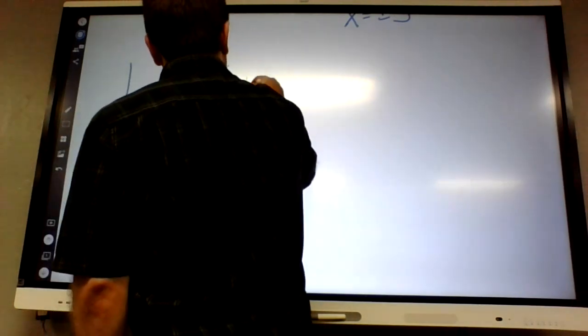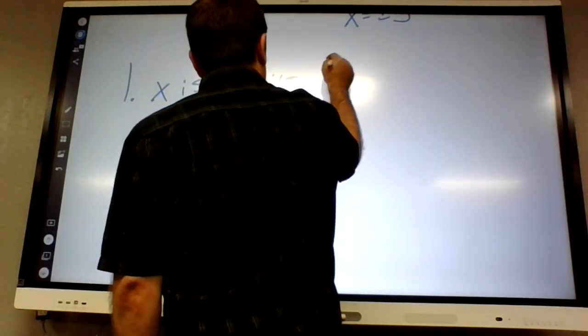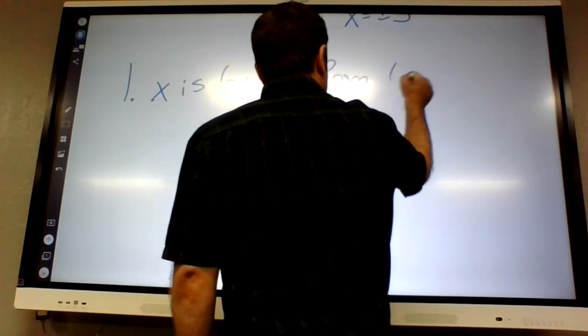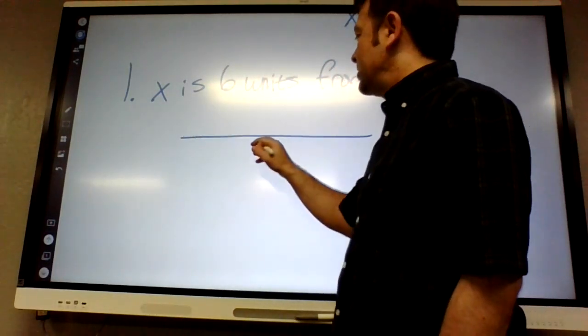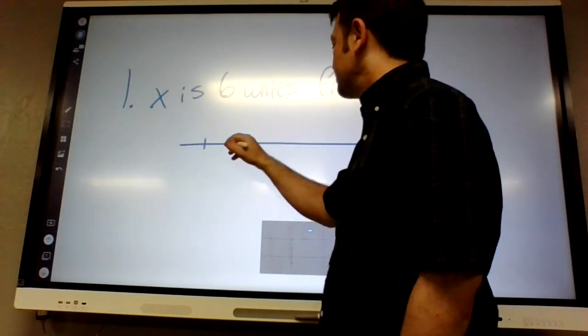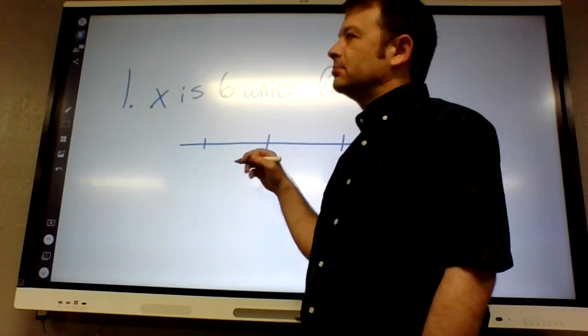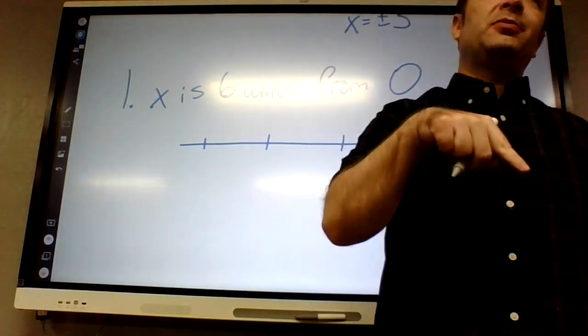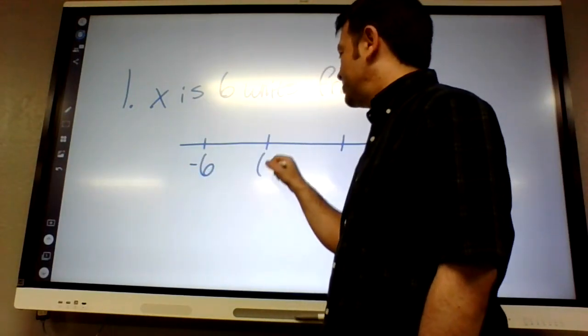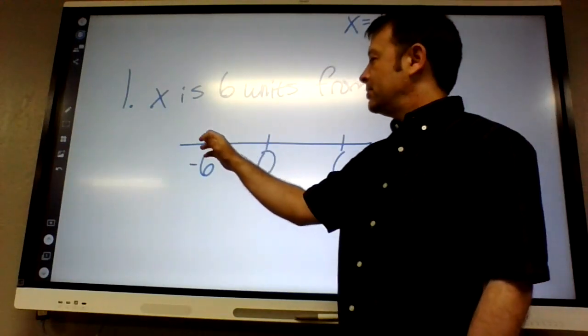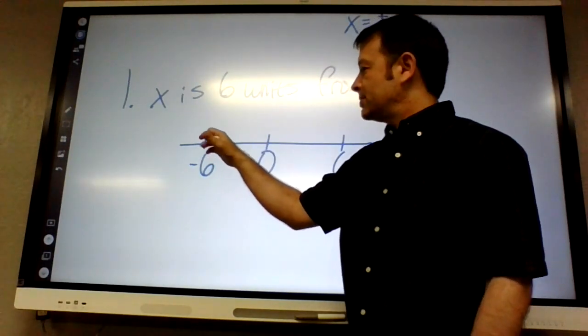If it's 6 units from 0, what could x equal? 6 or negative 6. So how do we graph that? We just put a dot at negative 6 and 6.